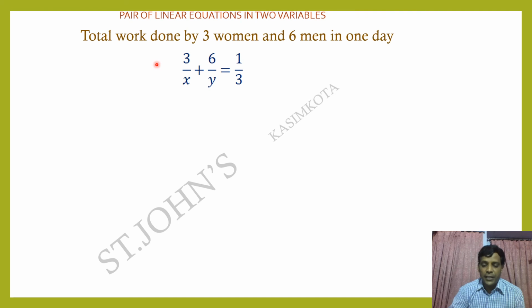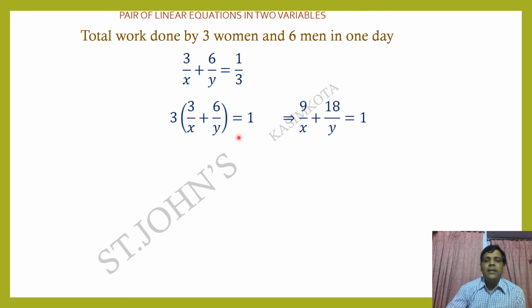This is written as 3 into (3 by x plus 6 by y) equals 1. Now multiplication: 3 into 3, 9; 9 by x plus 3 into 6, 18; 18 by y equals 1. Okay, 9 by x plus 18 by y equals 1.